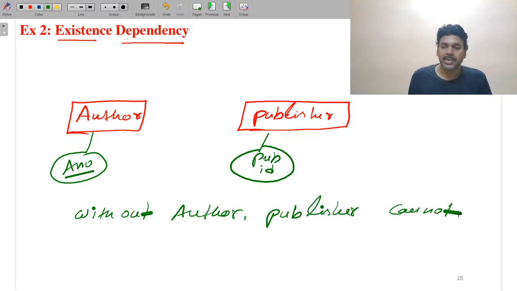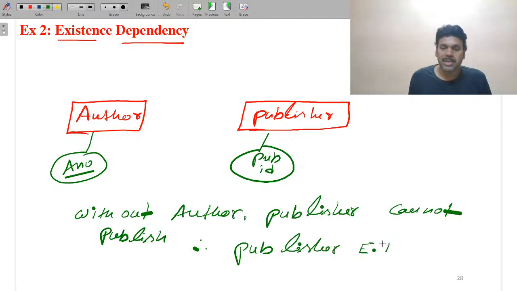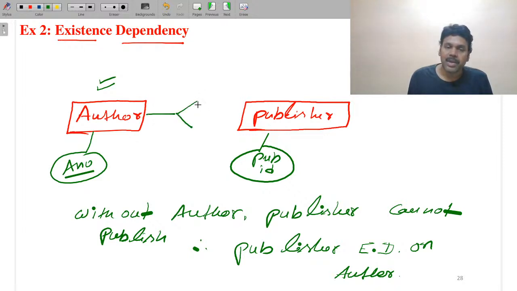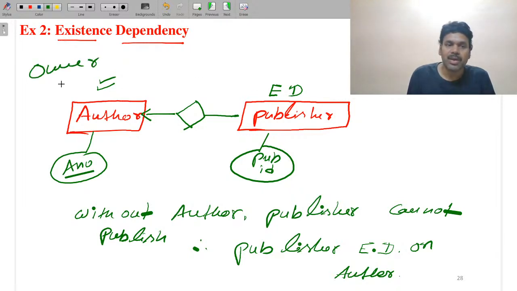Therefore, this publisher has existence dependency on author. So if you delete anything in the author, then that will automatically affect your publisher. Okay, friends, now this is existence dependency on this, so this is the owner and this is the borrower.